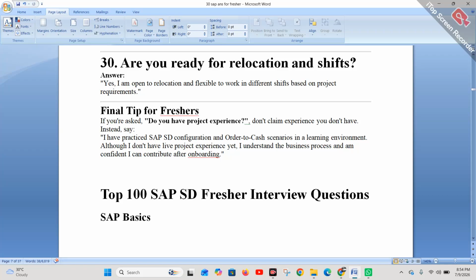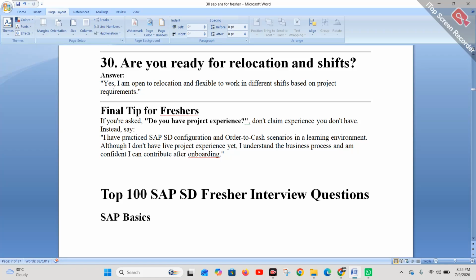So mostly if you are fresher and trying to get a job in SAP SD field, so I suggest you to relocate and try to do in the shift, because for this opportunity there may be a job, but if you say that I am only try to work in the general shift, then mostly the 70% chances get avoided to get you job in that type of an opportunity. So mostly you can give yes, I am open to relocation and flexible to work in the different shifts based on the project requirement.